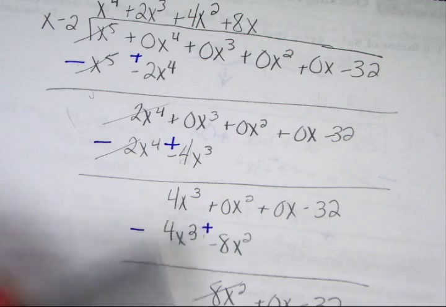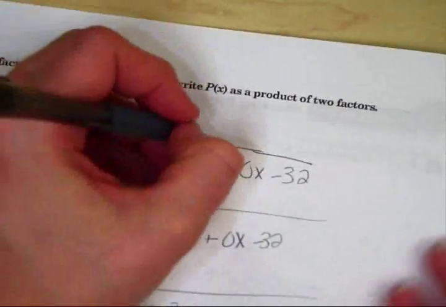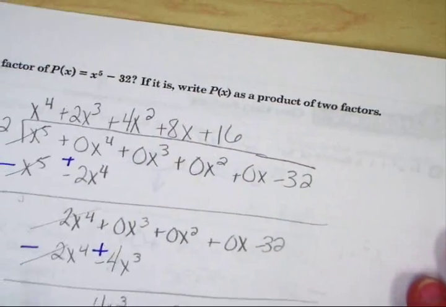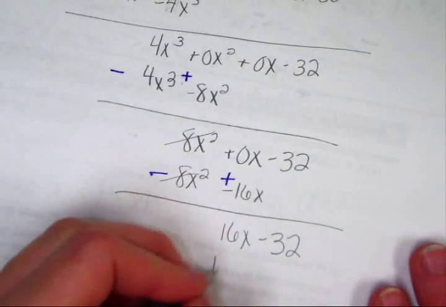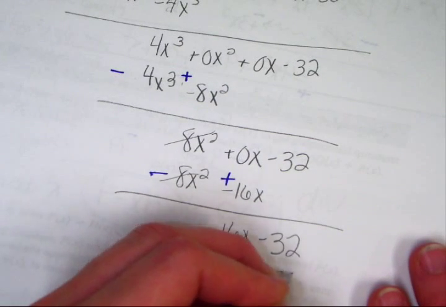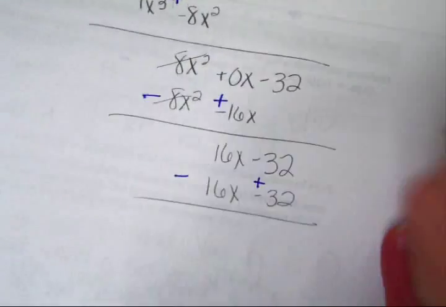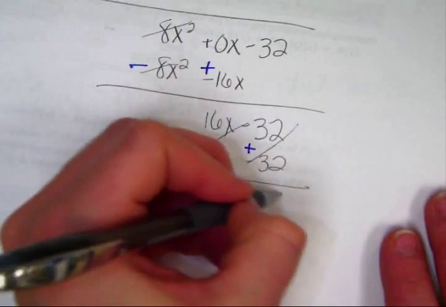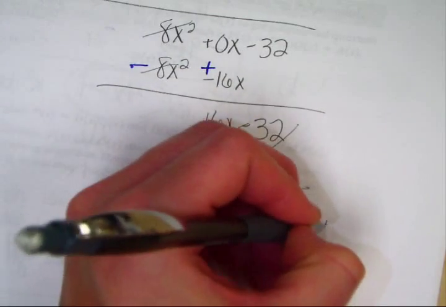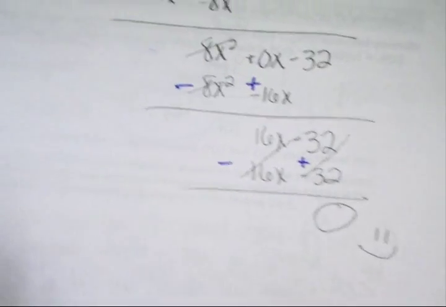What does x need to be a 16x? It needs a plus 16. Backwards distribute. You get 16x minus 32. You change your signs. And you get everything to cancel out. You get a remainder of 0. That's good. We want a remainder of 0.